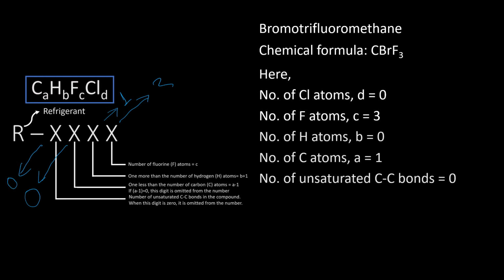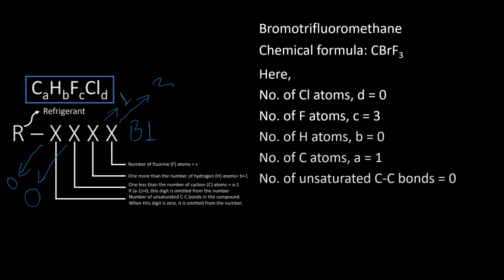However, this compound also has a bromine atom. In such cases, a suffix uppercase letter B is added to the designation to signify the presence of bromine. A number follows this uppercase letter, which indicates the number of bromine atoms present in the compound.